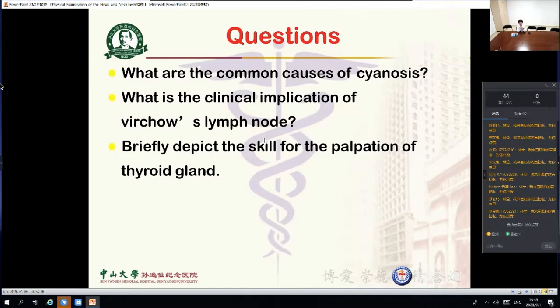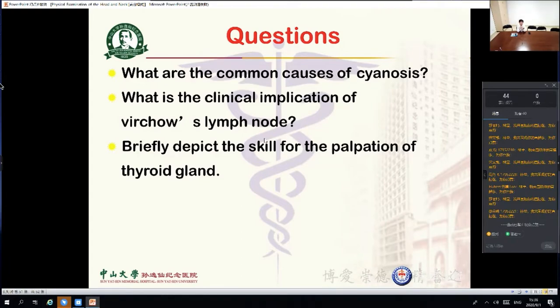It is indicative of metastatic disease from some malignancy, especially gastric cancer, pancreatic cancer, biliary tract cancer, and also esophageal cancer and lung cancer. This kind of malignancy may have a metastatic lymph node in the Virchow's lymph node region.